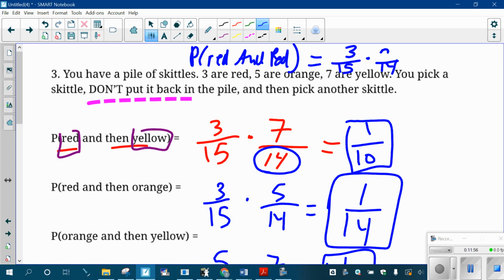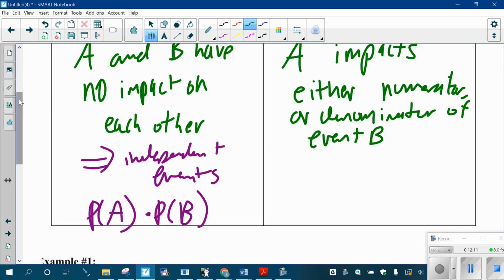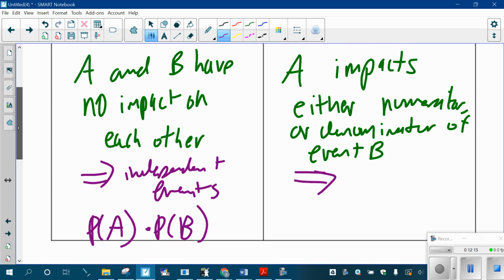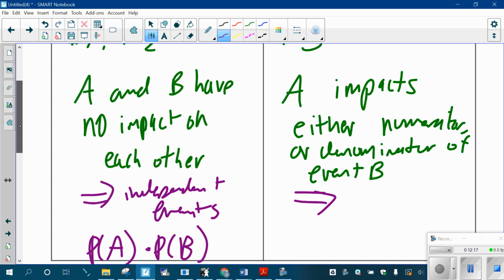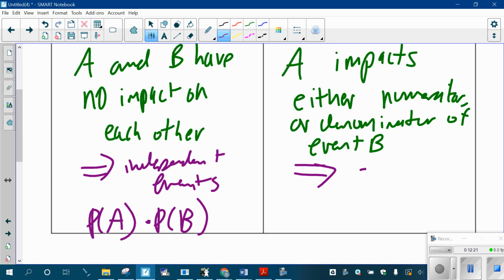So there's only 2 red ones left. So in this situation, the numerator and the denominator change from what you would expect, because those events are dependent. They depend on each other. So the idea here is when one event impacts the other one, we call them dependent events.